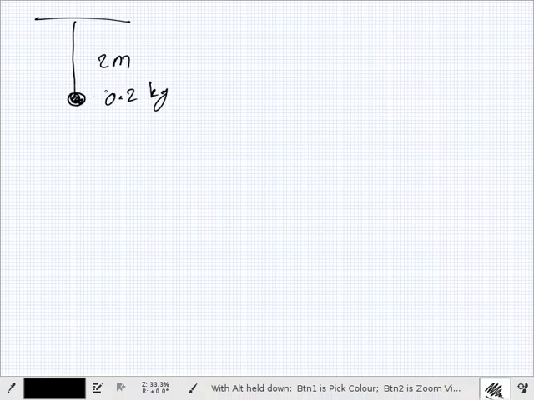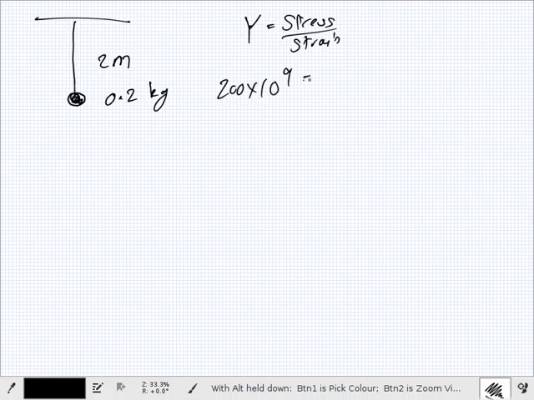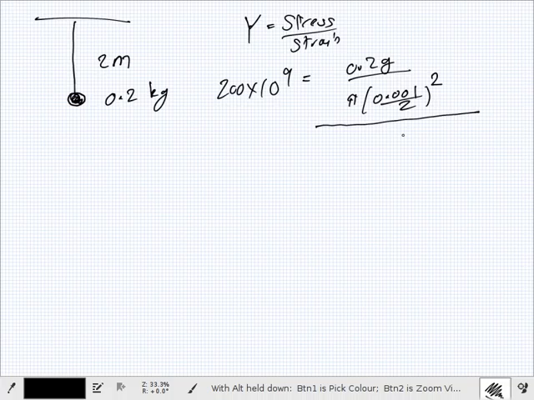Okay. So, Young's modulus is stress over strain. What's it for steel? 200 times 10 to the power 9. Stress is force over area. Now, I give the area as 1 millimeter, is that the radius or the diameter? Diameter. Right, so that's pi times 0.001 over 2 squared, over strain, which is extension.